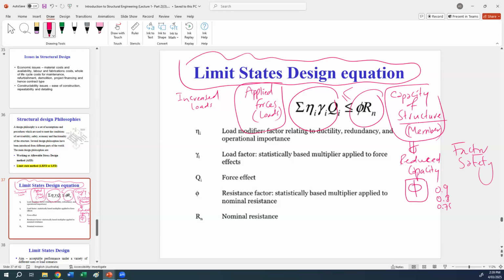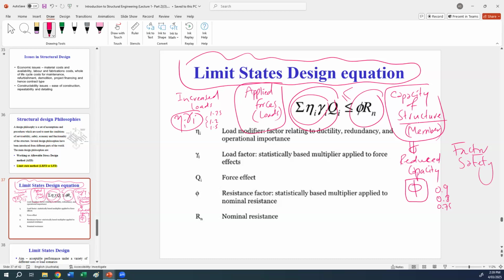We have these factors here, gamma and psi, to increase the load. For example, it is 1.5, 1.25, or 1.2, or a combination of all of them.